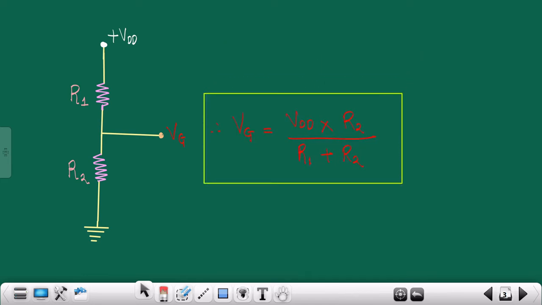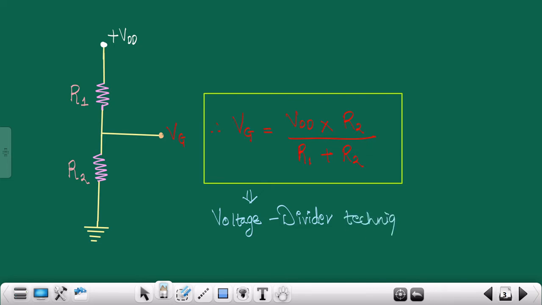So this is the biasing voltage VG, which is equivalent to VDD into R2 upon R1 plus R2, and this we had got through one formula, or theorem, known as voltage divider bias, or the voltage divider technique.